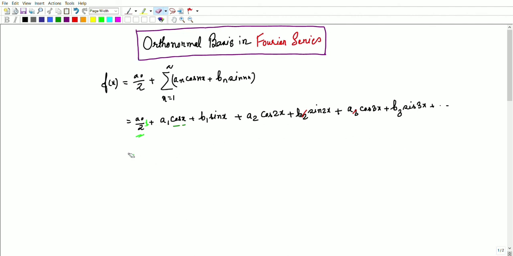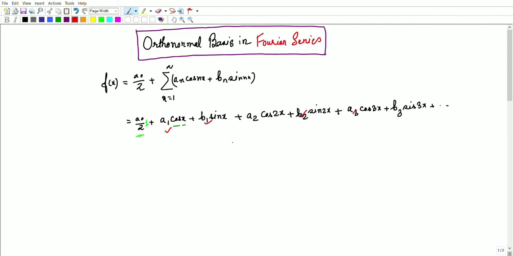So what is its advantage? We can take advantage of this orthogonality and orthonormality of these trigonometric functions, and we can find the Fourier coefficients, this a1, b1, a2.